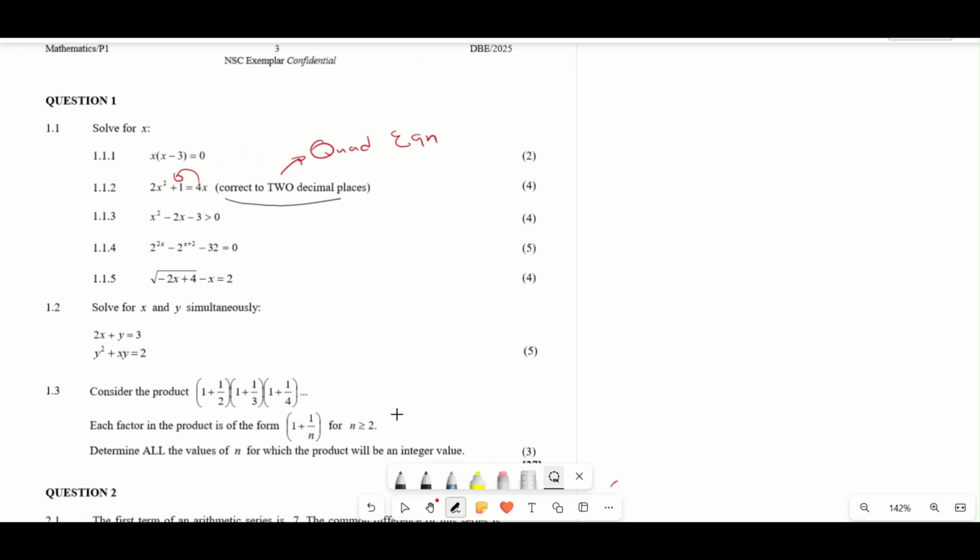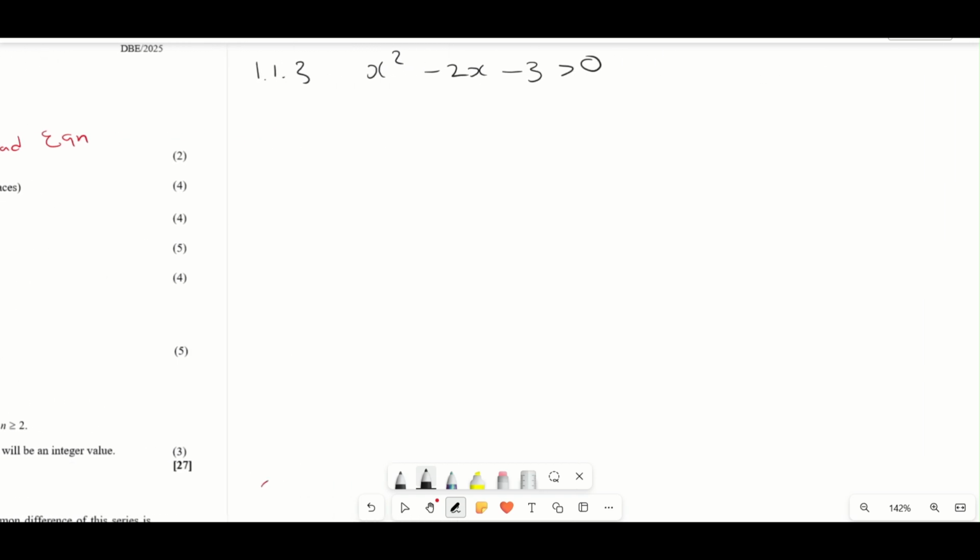Okay, so question 1.1.3 is given that we have x squared minus 2x minus 3, which should be greater than 0. So this is for 4 marks as well.